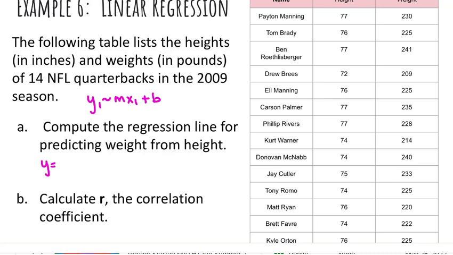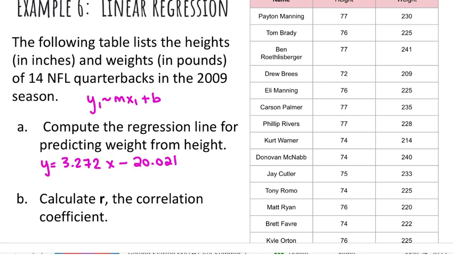So the M, I believe, is 3.272. X plus B is negative. So I'm going to change that plus sign to a minus, 20.021. So hopefully you got the same thing.